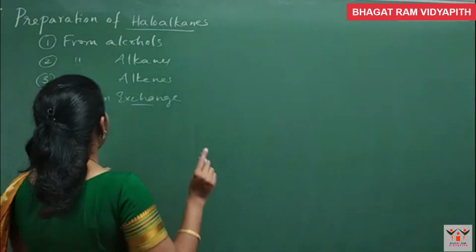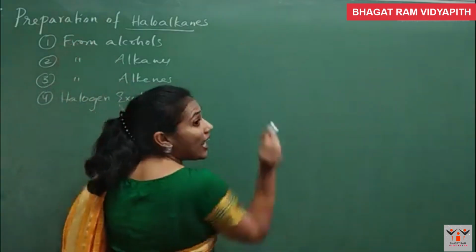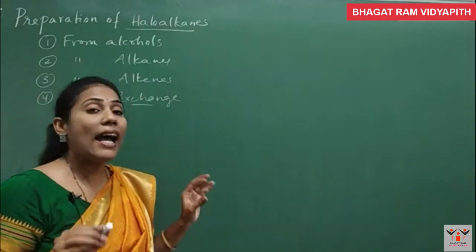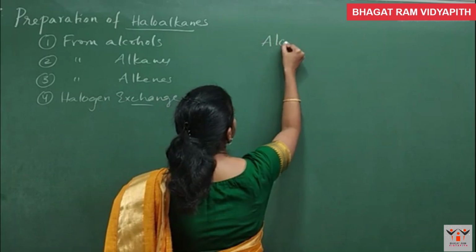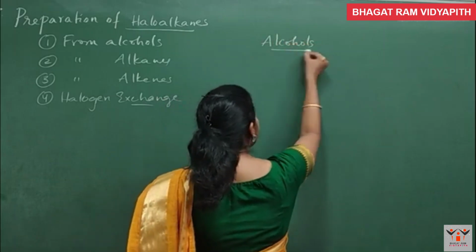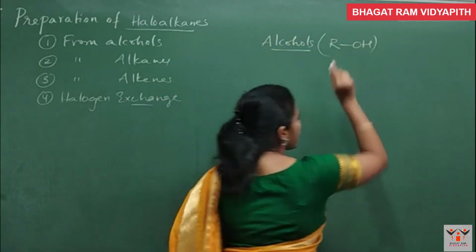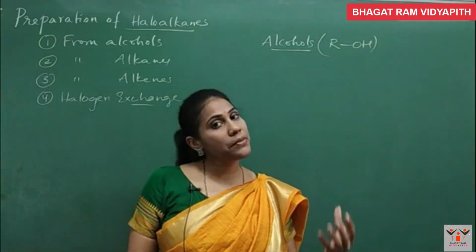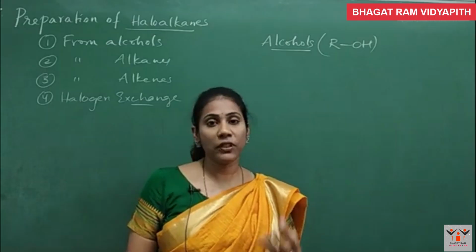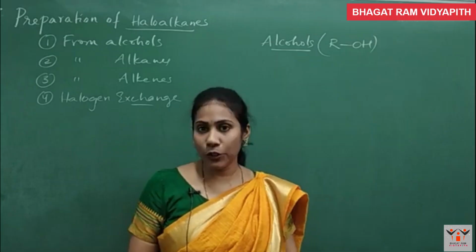First, let us understand everything from alcohols. How to prepare haloalkanes from alcohols. Okay. So we all know the general formula of alcohols is ROH. R can be any organic group. It can start from simple CH3 group onwards, and it can go up to a complex organic group also.